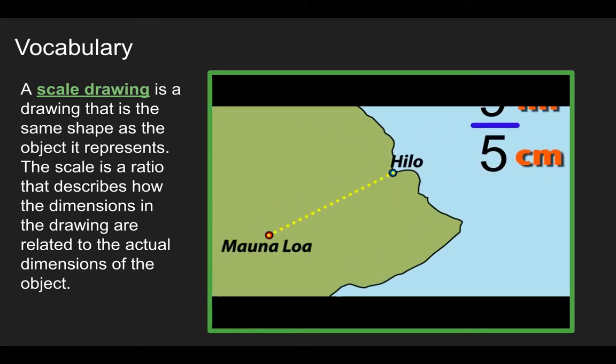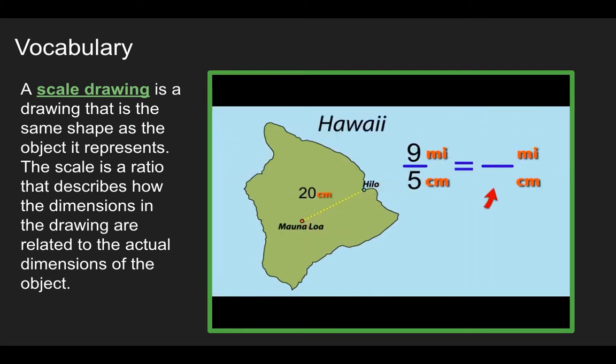Because we have the map, we can use a ruler to measure how many centimeters it is from Mauna Loa to Hilo. It looks like about 20 centimeters, so the bottom number of the equivalent ratio is 20 centimeters, and the top number is the number of miles, which is unknown. Again, we'll just use the letter N to stand for that missing number.